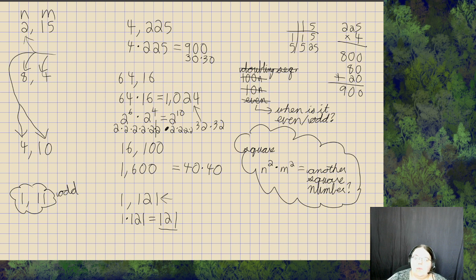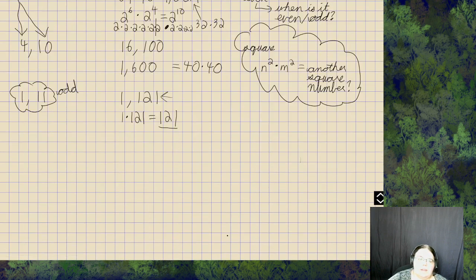Let's do one more to see if we get a counterexample. Okay, 17 and 8 was my next pair of randomly generated numbers.